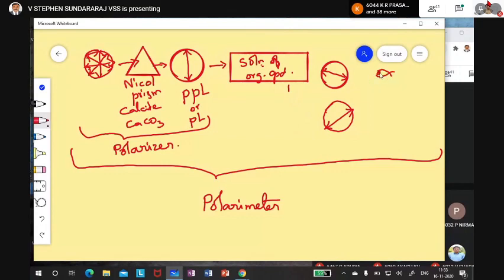The light was coming before keeping the solution, but after keeping the solution, it looks dark. At that time itself you can understand the substance is optically active, because only an optically active substance will displace the light to some other direction, right side or left side.